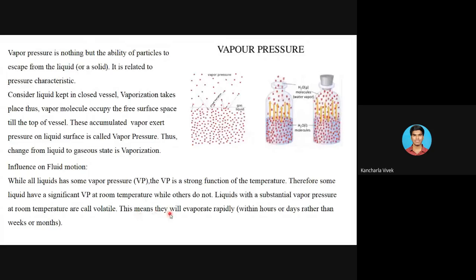This means they will evaporate fast, that is, the liquid molecules will escape from the surface, converting into gas, steam or vapor within hours or days, in a short time, rather than weeks or months. So this is about vapor pressure.